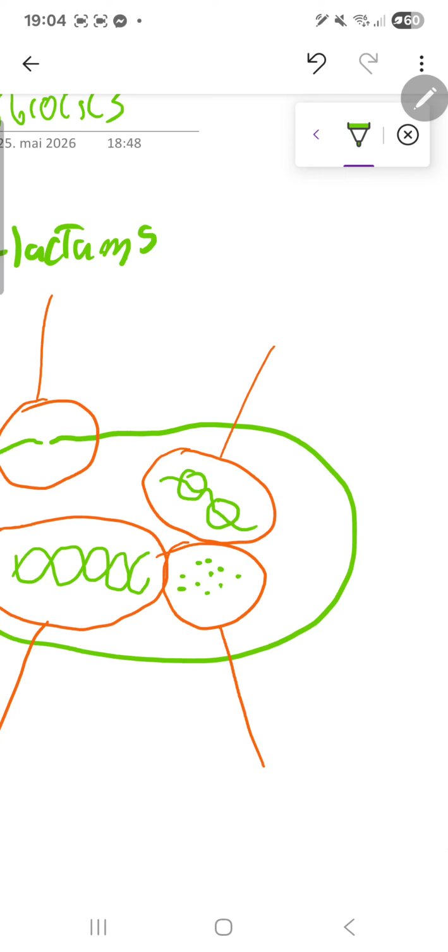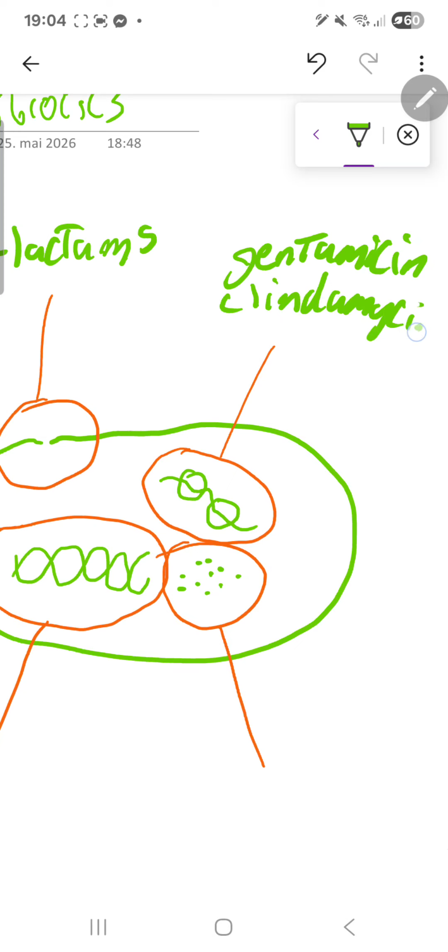An example of antibiotics in this class are gentamicin and clindamycin and tobramycin.